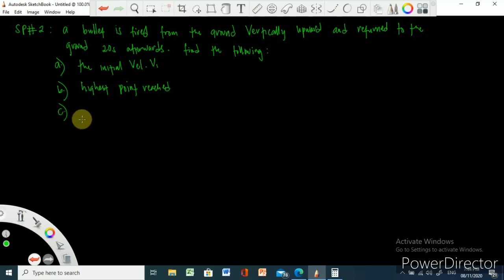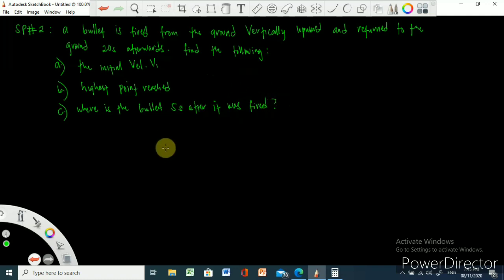Letter C, where is the bullet, say, 5 seconds after it was fired.